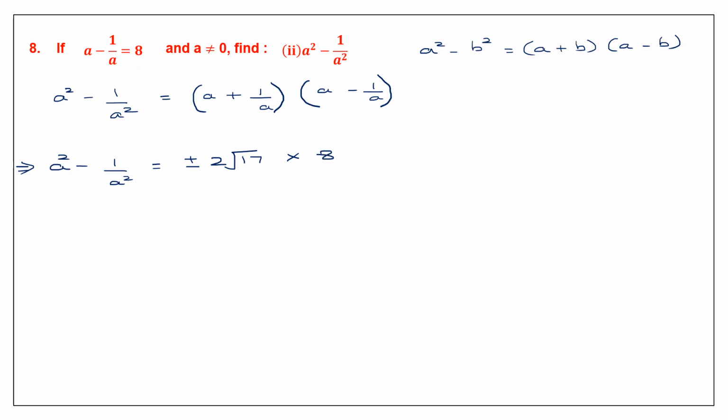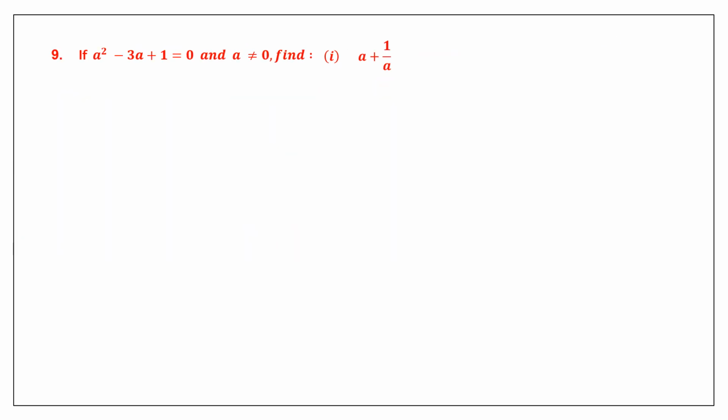Now all we have to do is simplify this. So plus or minus 2 root 17 into 8. We can multiply 2 into 8, we get 16. So let's write this. So a square minus 1 by a square is equal to plus or minus 2 into 8 is 16, 16 root 17. So this is our answer, plus or minus 16 root 17.